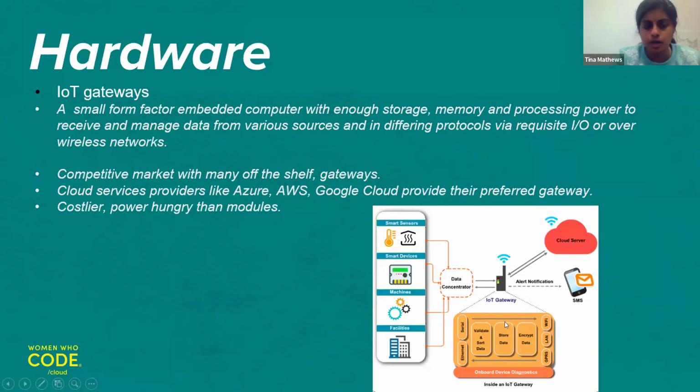A lot of cloud service providers like Azure, AWS or Google Cloud might have their preferred hardware gateway that they like to talk to. But as I mentioned, these are costlier and more power hungry than these modules. So when you make an investment into this, you need to choose correctly and with a lot of thought.